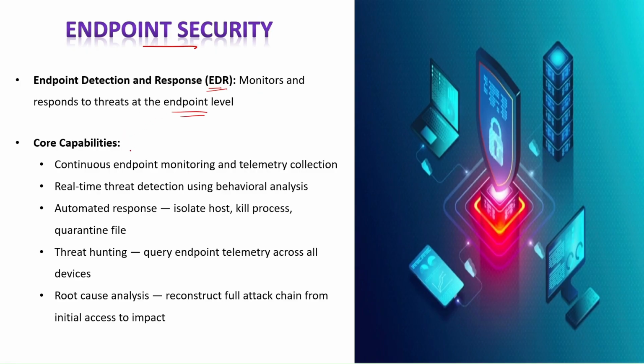Core capabilities of EDR include continuous endpoint monitoring and telemetry collection, real-time threat detection using behavioral analysis, automated response, that is to isolate the host, kill the process, and quarantine the file, threat hunting, which is to query the endpoint telemetry across all devices, and root cause analysis, that is to reconstruct the full attack chain from initial access to impact. So these are some capabilities of EDR, that is Endpoint Detection and Response.